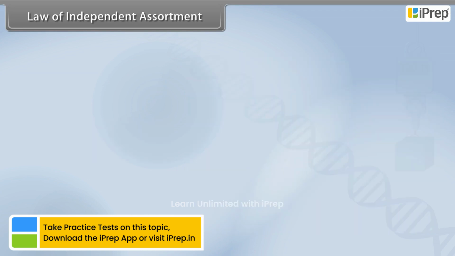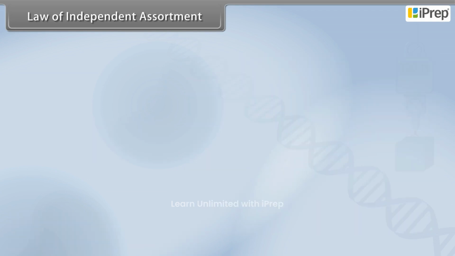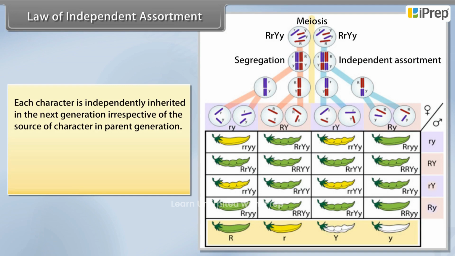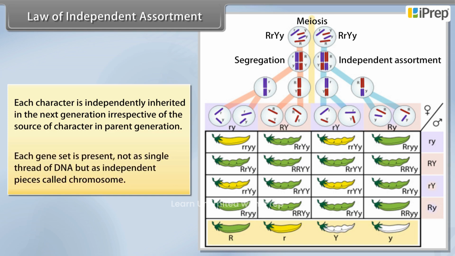Law of independent assortment. Each character is independently inherited in the next generation irrespective of the source of the character in the parent generation. Each gene set is present not as a single thread of DNA but as independent pieces called chromosomes.